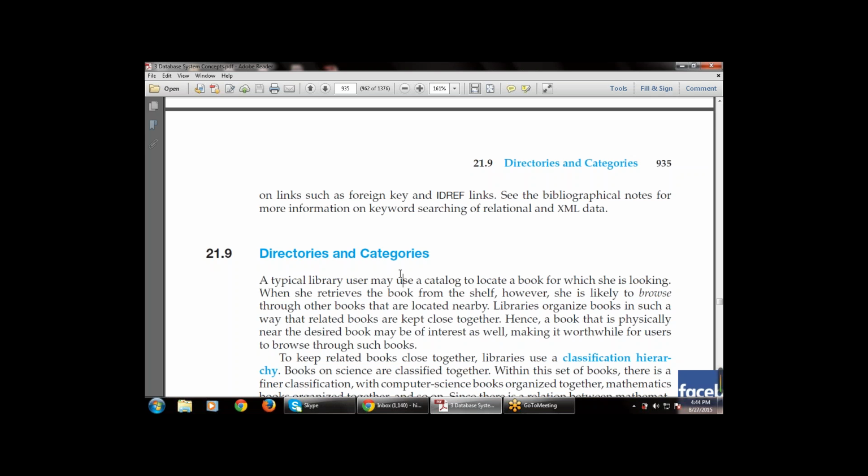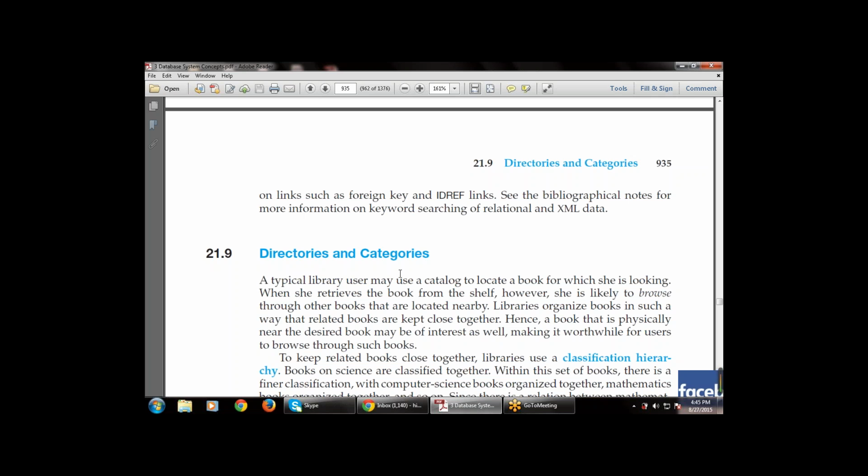That makes it worthwhile for users to browse through such books. For example, C++ books will be kept close together with each other, so that anyone can search for the books in a very easy manner.